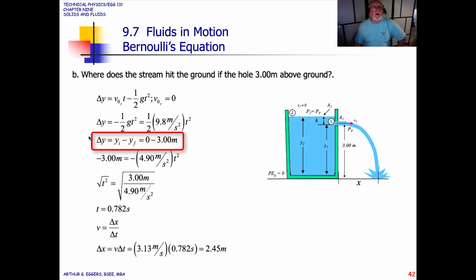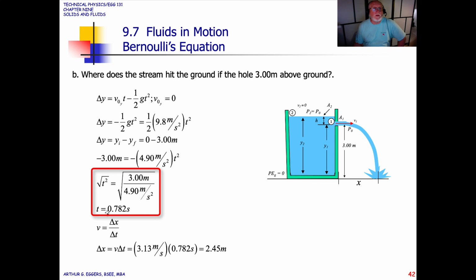So now we know that the height, delta y, is equal to y final minus y initial, and in this case it's 0 minus 3 meters because that's the height of the bullet hole in the tank. So minus 3 meters is equal to minus 4.9 meters per second squared times time squared when we take half of 9.8. So the square root of t squared is equal to the square root of 3 divided by 4.9 meters per second squared. Our meters cancel out. When we take the square root of seconds, we just get seconds.